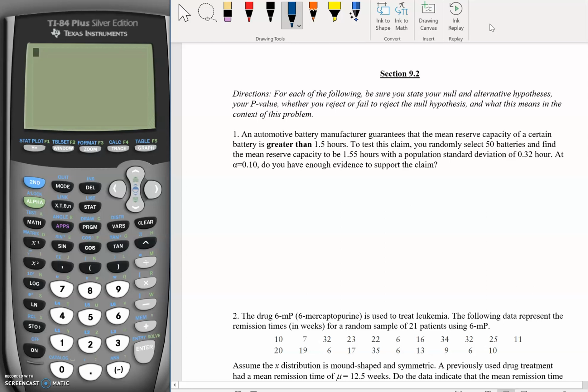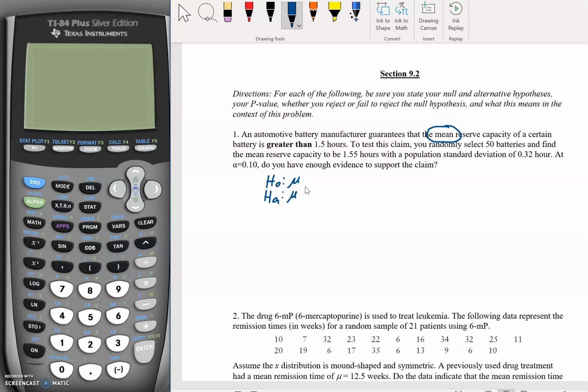For the first part, we've got an automotive battery manufacturer that guarantees the mean reserve capacity of a certain battery is greater than 1.5 hours. Okay, so we see a couple of things. It's a mean, so definitely we're going to be talking about hypotheses involving mu. The null and alternative, which is either H1 or HA, whatever you would like, are going to involve mu.